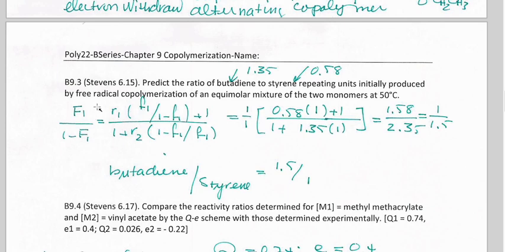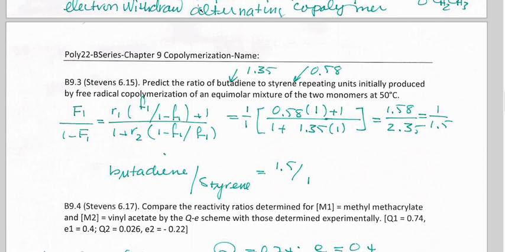So this is basically converting everything to one of the monomers, because we know the mole fractions of the two add to 1. So we can convert the formula to one formula.